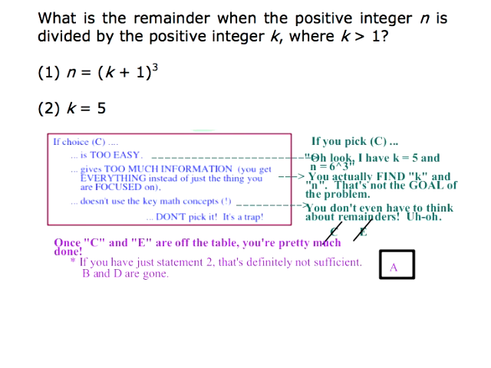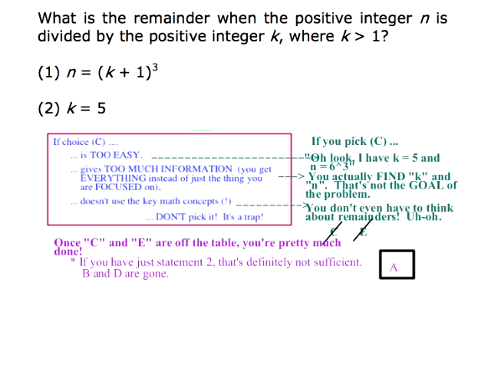Statement 1, you have that n is k plus 1 quantity cubed. This is a little bit annoying, but you don't necessarily have to expand it all the way out, but you have to expand it out enough to see what's going to happen here.